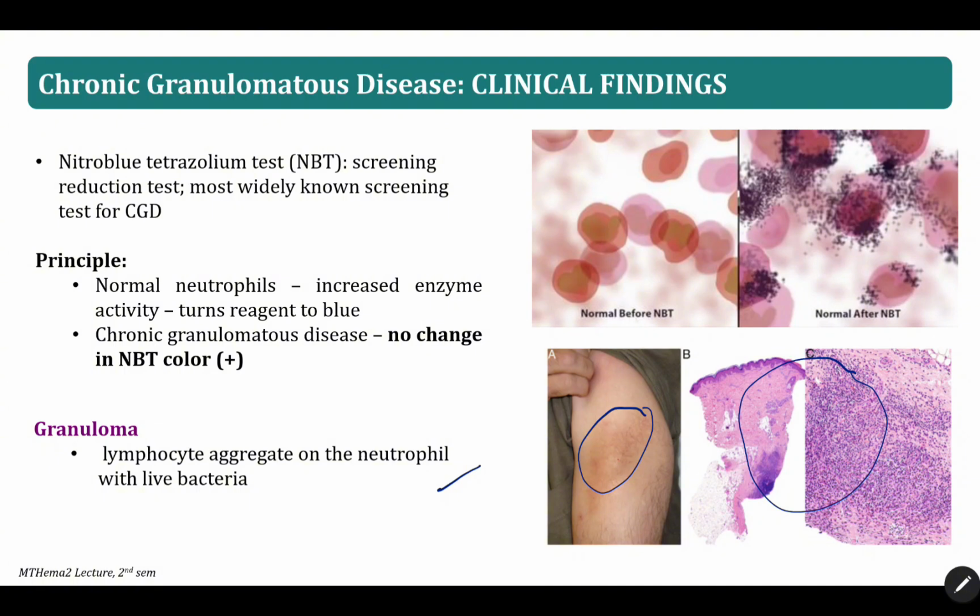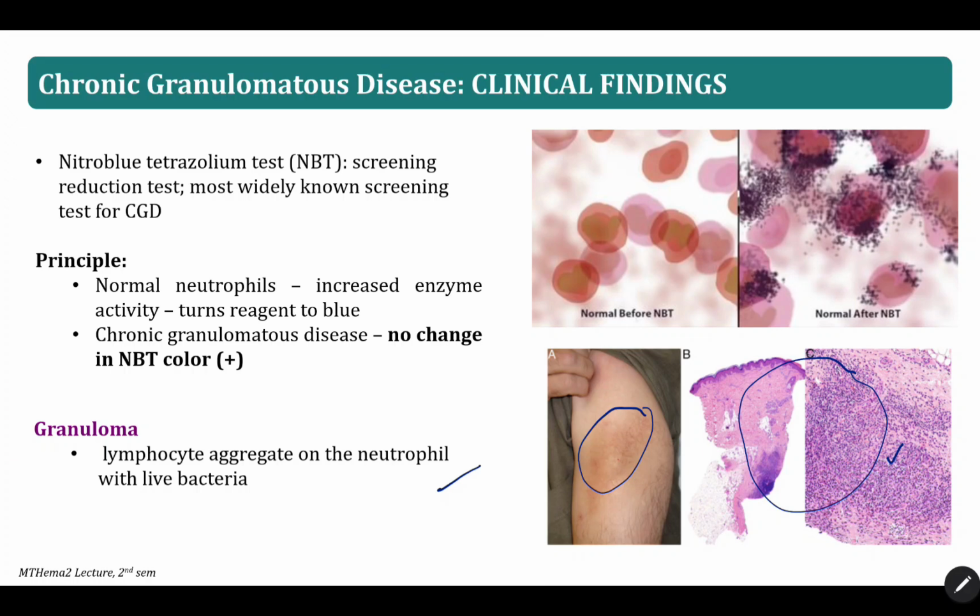under the microscope, ganito yung itsura niya. Okay, now, a laboratory test that we can perform to diagnose CGD is the screening test known as your nitroblue tetrazolium test. This is a cytochemical stain and a widely known screening test for CGD. Its principle is to test the enzyme activity of your neutrophils.